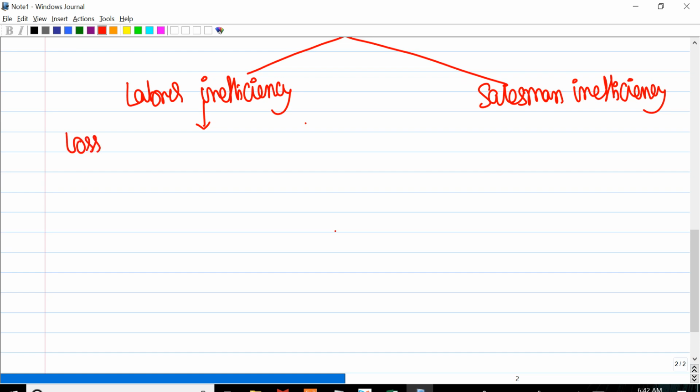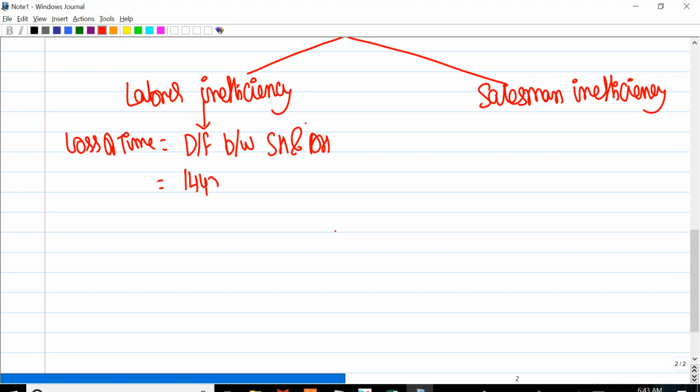Loss of time, difference between SH and AH. What was the standard hours? How much? 14.